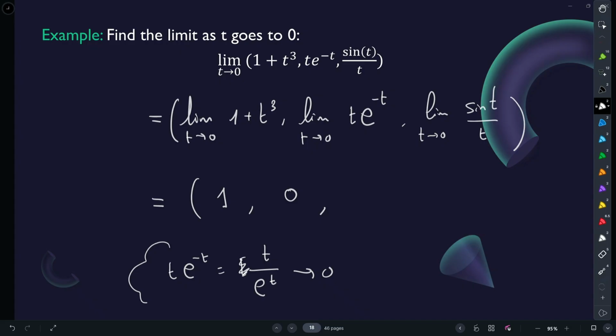Or if you are already through calculus 1, calculus 2, you can do L'Hopital's rule, except that if you use L'Hopital's rule on the internet to solve this limit, then lots of angry trolls will come at you because you prove the derivative of sine of t using this limit. So it's sort of like circular reasoning to use L'Hopital's rule to prove this. In any case, I'm okay if you use L'Hopital's and prove that that limit is 1. So this vector function approaches 1, 0, 1 as t goes to 0.